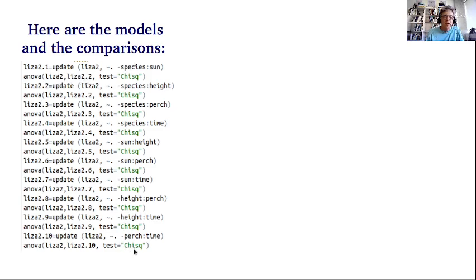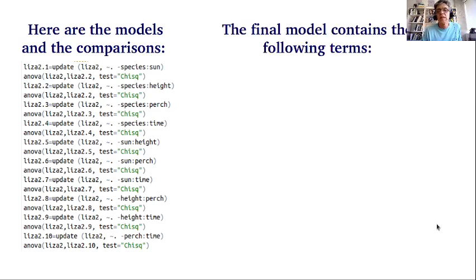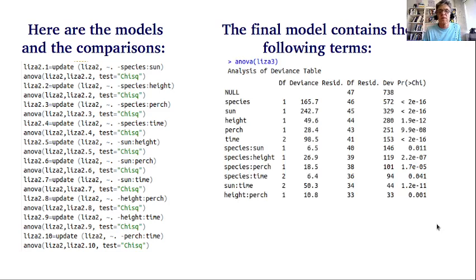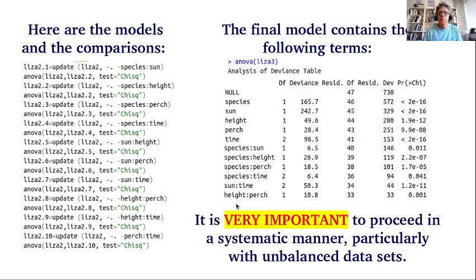I did likewise for all 10 second order interactions. So the final model contains the single level effects of all categorical explanatory variables and 1, 2, 3, 4, 5, and 6 second order interactions. It is very important to proceed in this systematic manner. This is called the principle for the model simplification.